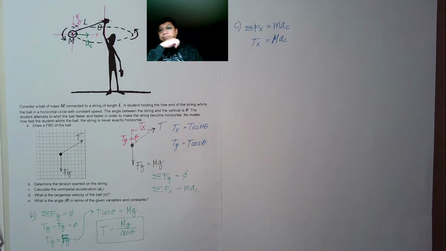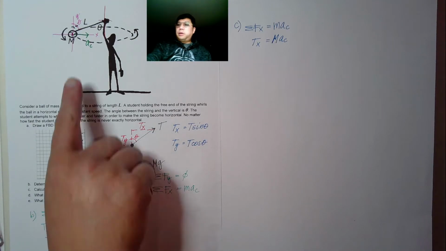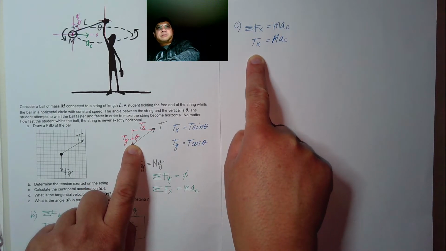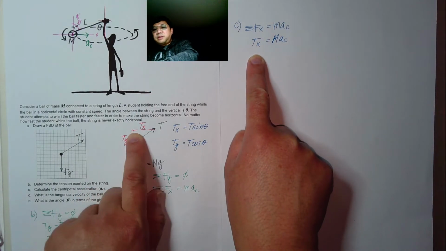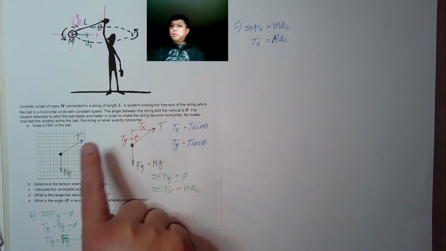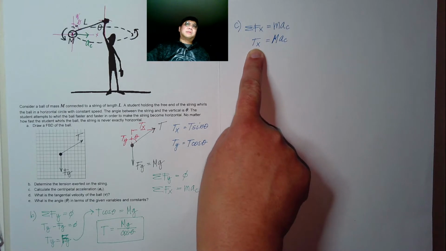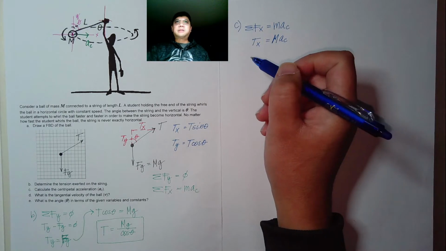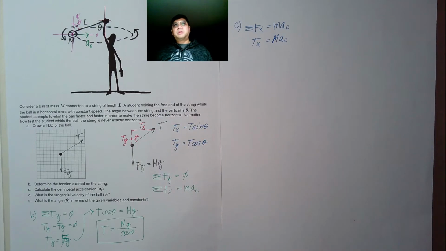It has the same direction as the x component of our tension. It is towards the center, so therefore the component of the tension along the x-axis is simply a positive value.